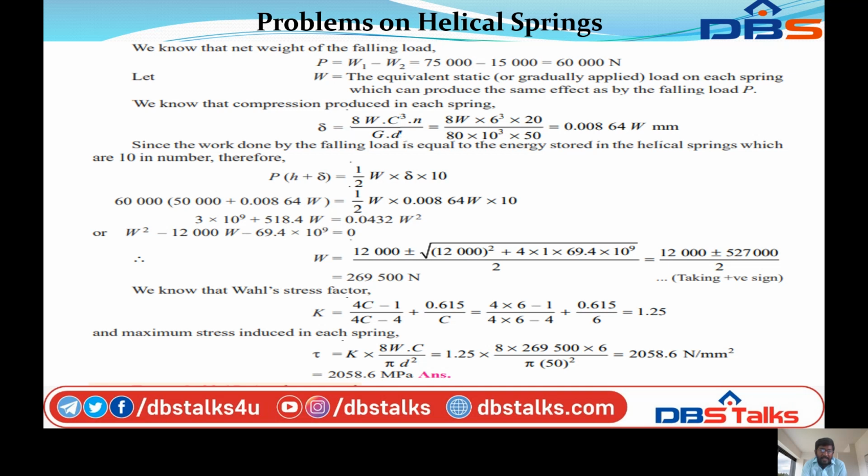Finally, W square minus 12,000 W minus 69.4 into 10 power 9 is equal to 0. So W is equal to 12,000 plus or minus square root of 12,000 whole square plus 4 into 1 into 69.4 into 10 power 9, by 2. Taking the positive sign, W is equal to 269,500 Newton.